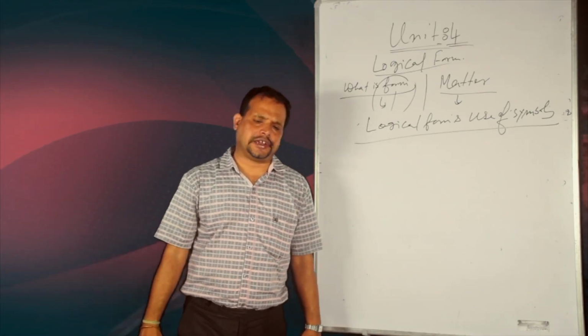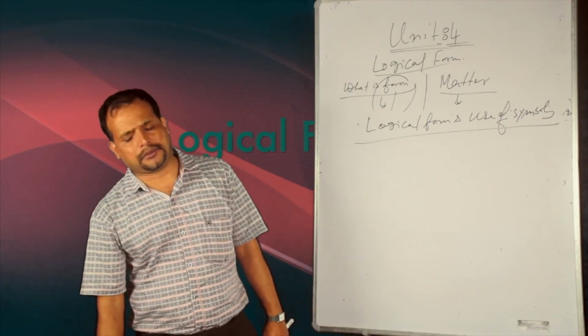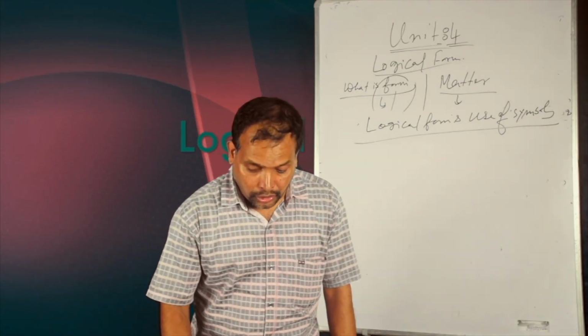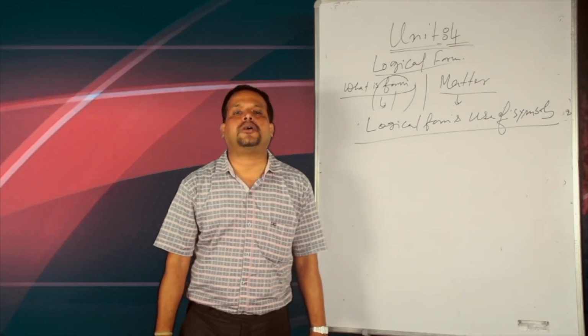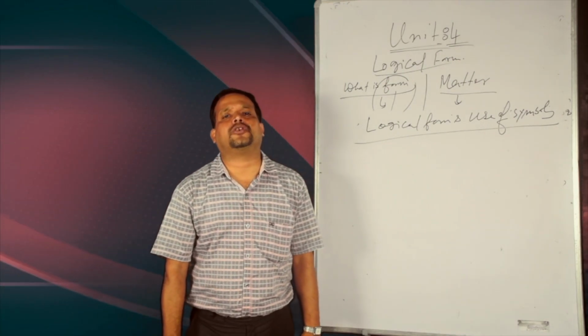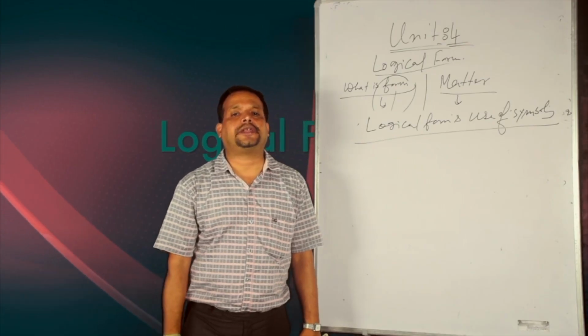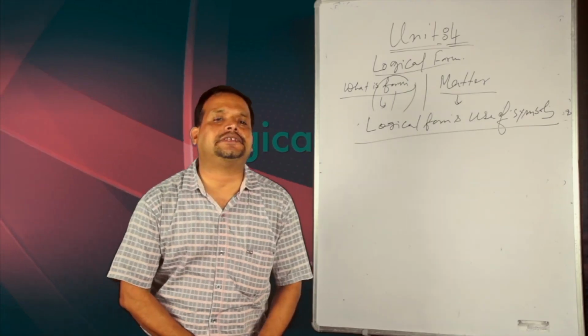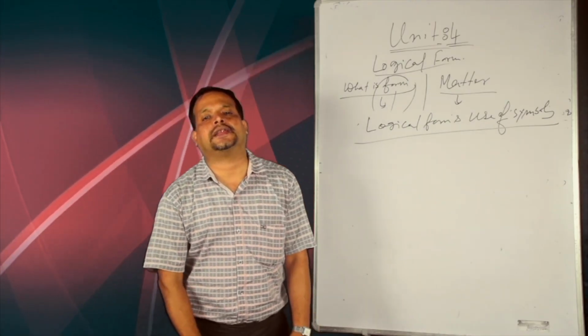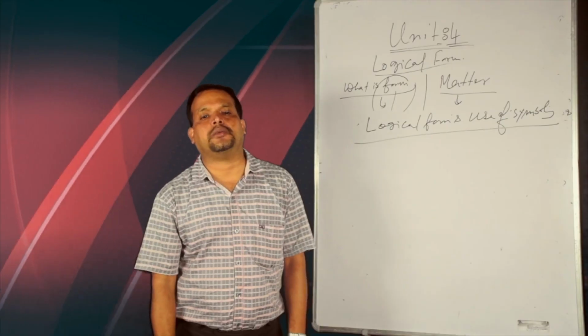Now you see, dear learners, there is also another very important concept in this unit, that is the importance of logical form. The study of logical form is important because it is directly connected with the determination of the validity and invalidity of the argument.